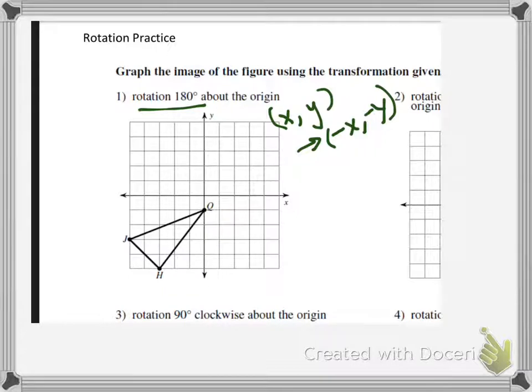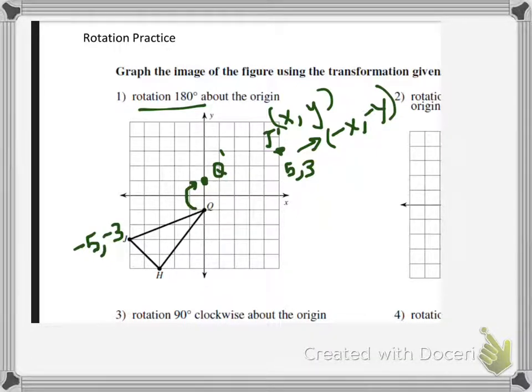So what's happening is each one of these points rotates 180 degrees around, and just changes the sign of both x and y. So if this is at (-5, -3), it's going to come to (5, 3). And this is my new J prime.